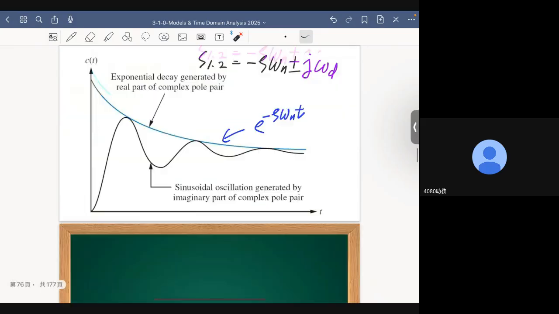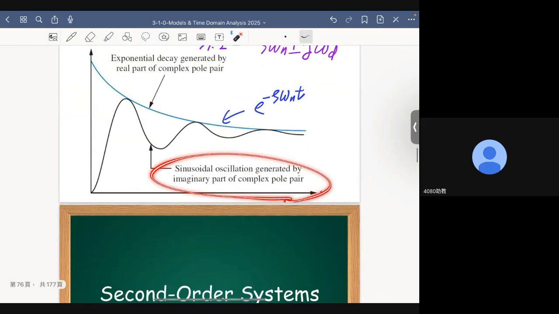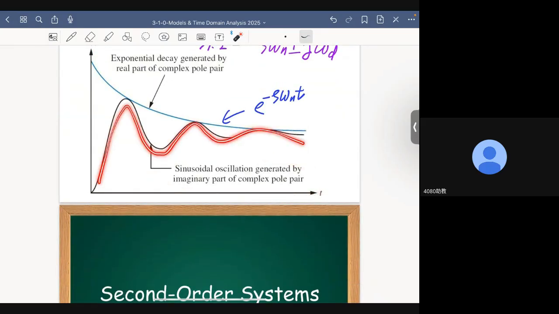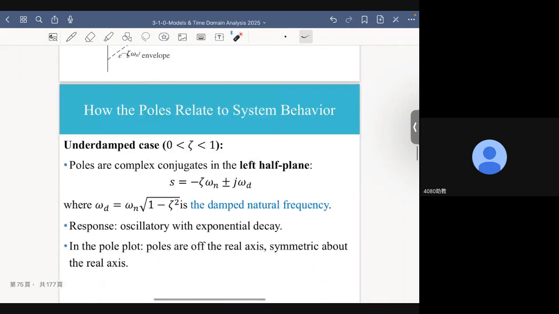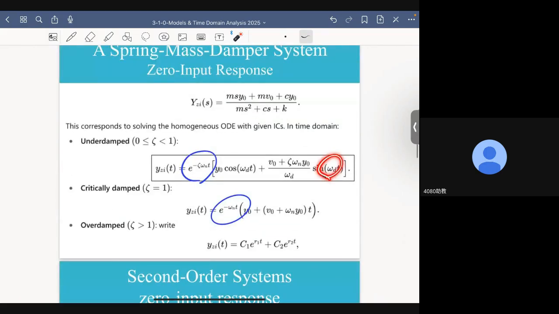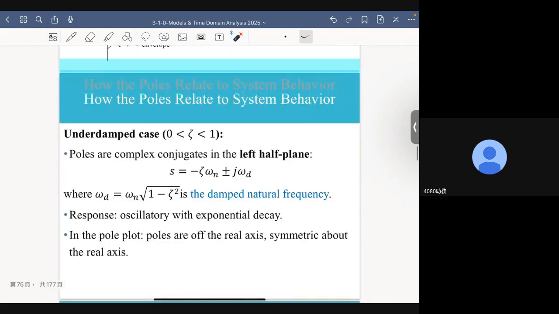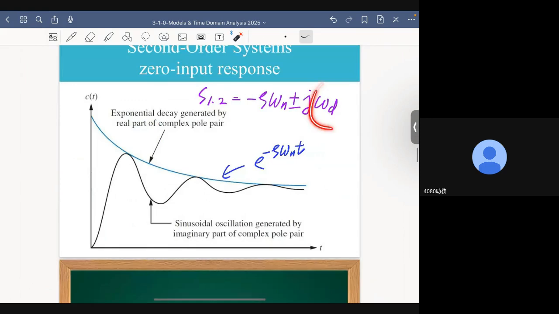And let's look into the second statement: sinusoidal oscillation generated by the imaginary part of the complex poles. The frequency of this oscillation pattern is omega d, right? And omega d is actually the imaginary part of the pole.